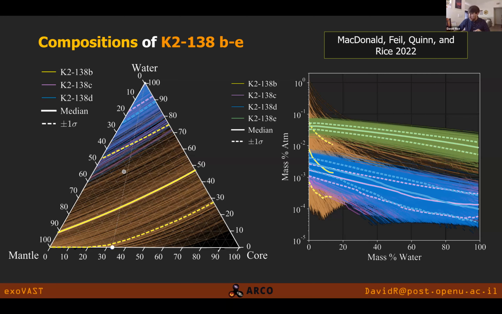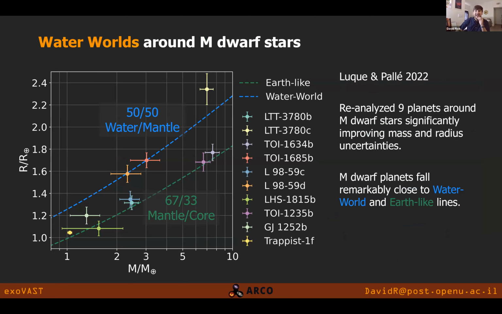And 20 minutes, one more plot for fun is this is the water worlds from Luque and Pallé 2022. So Luque and Pallé 2022 reanalyzed 9 planets around M-dwarf stars, significantly improving the mass and radius uncertainties.